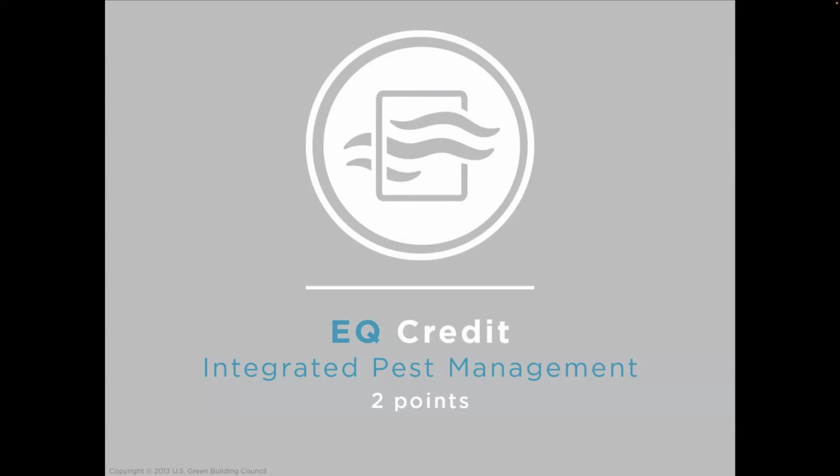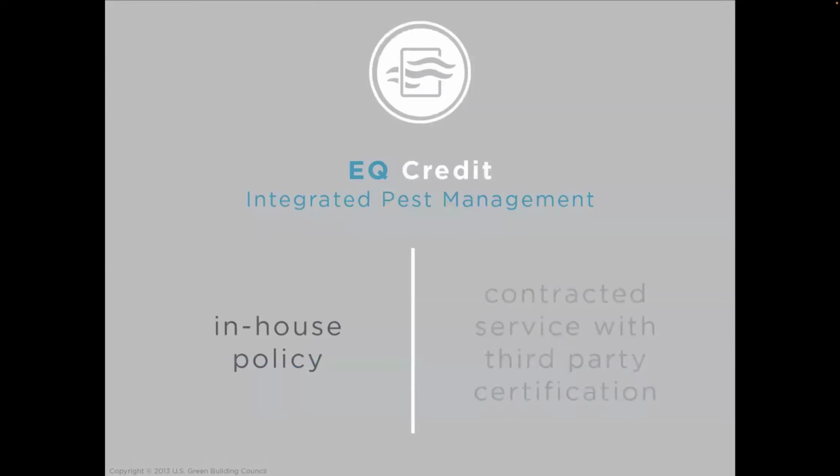So if you eliminate the food and water they can go after and eliminate ways for them to get in, that's the first thing you try to do. And then you try other non-chemical processes. And if you have to go to using chemicals, you use ones that are identified as safe as possible. So it's a management policy that you use.